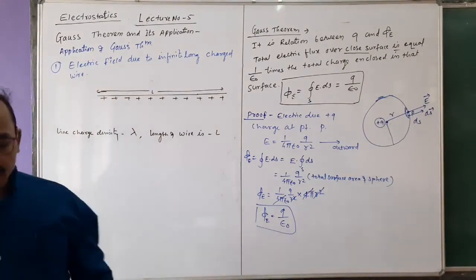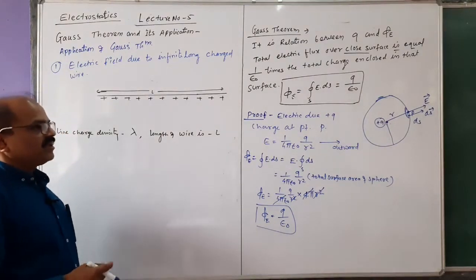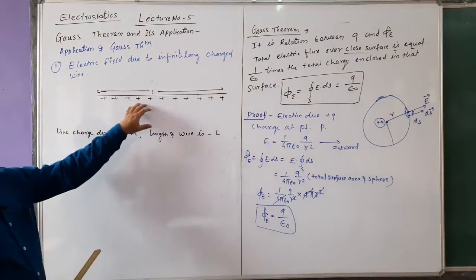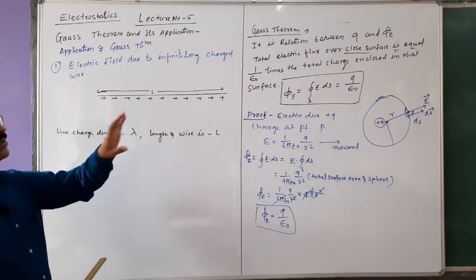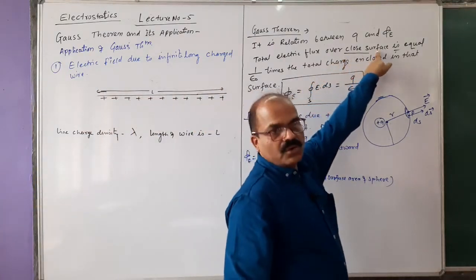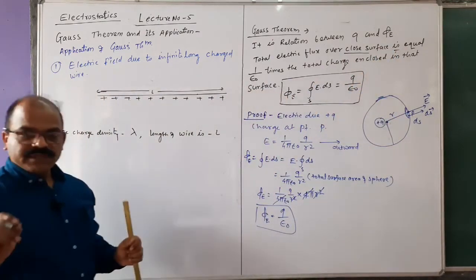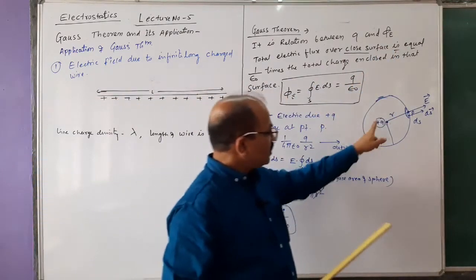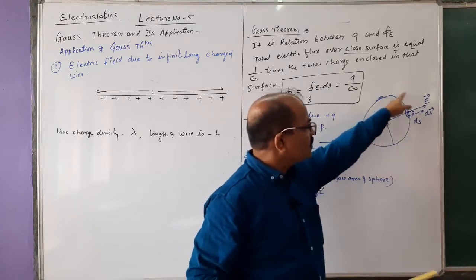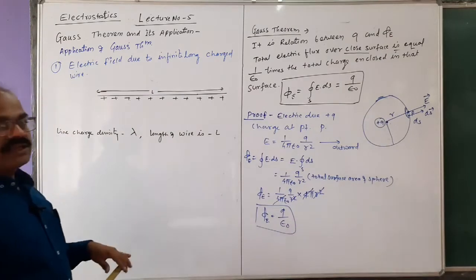So to find out the electric field or electric flux due to any charge surface, we have to make a closed Gaussian surface. If there is a point charge, we can enclose it in a sphere, but here it is a line, and the charge is distributed over the line.